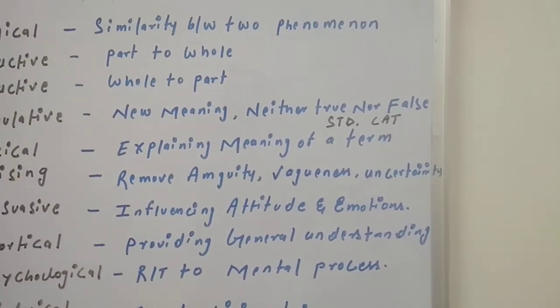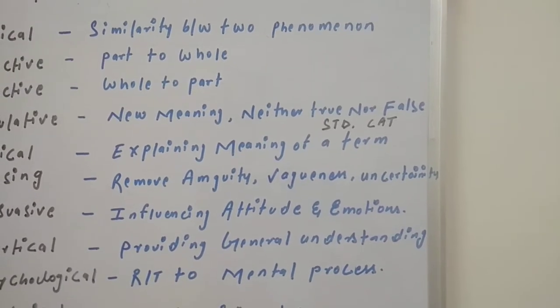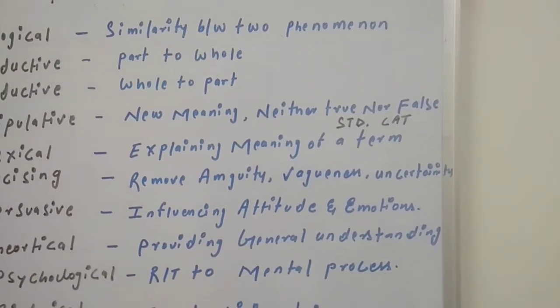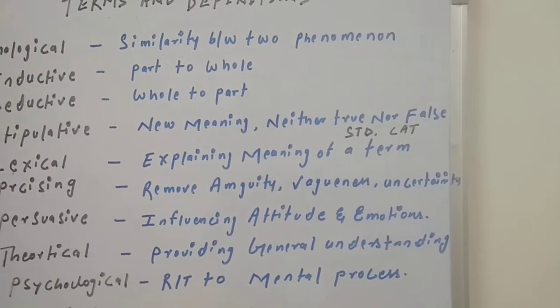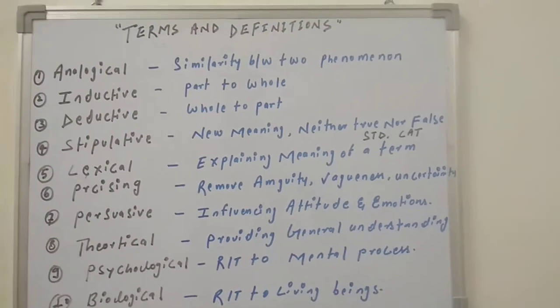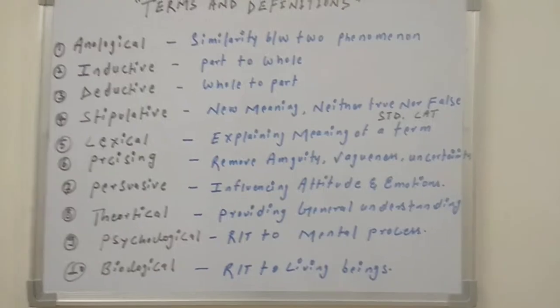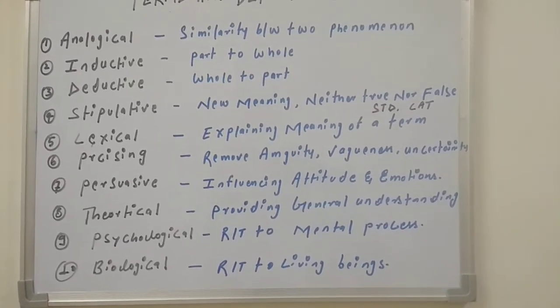If I provide a new meaning of a word which is not similar to the other, it could be related to my own choice or my own whim, or sometimes to my office friends or the study I'm doing. So I gave a new definition, a new meaning for that, which is known as stipulative.